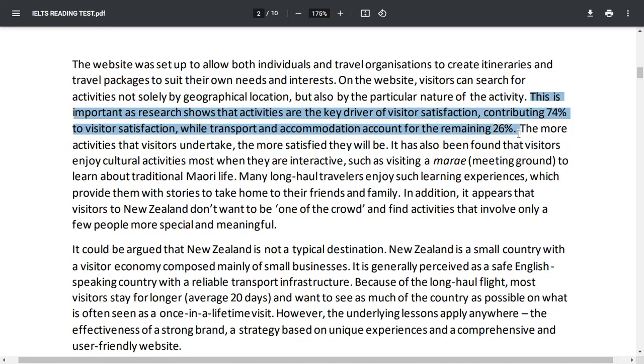So the figure of 26% refers to those visitors who say they are satisfied with the transport or with their accommodation. This percentage does not refer to accommodation alone. We cannot say that 26% of visitor satisfaction is related only to their accommodation. Some of this proportion would relate to transport. So it's not only about accommodation.